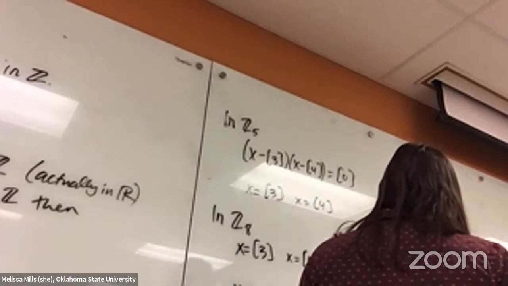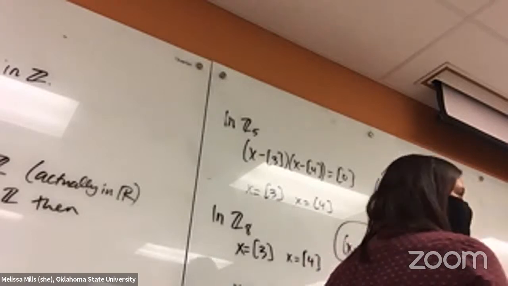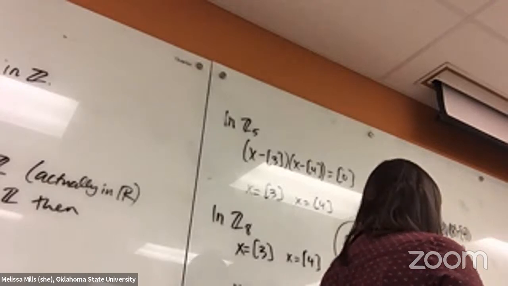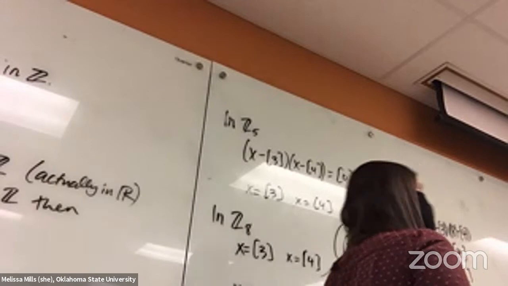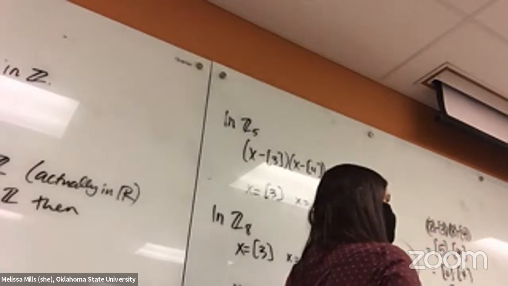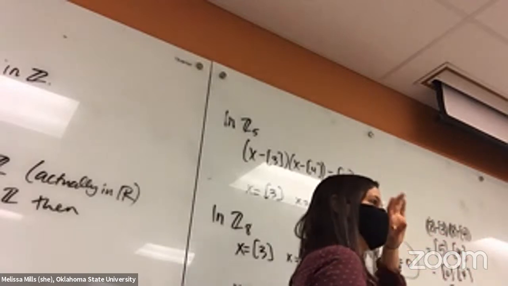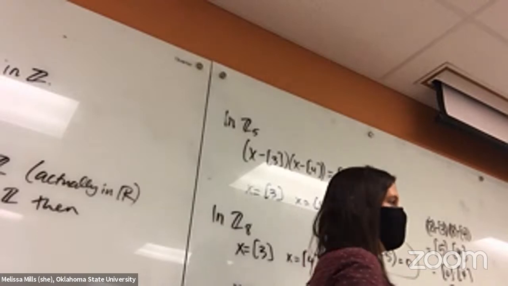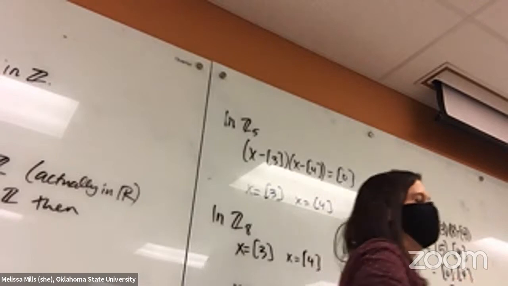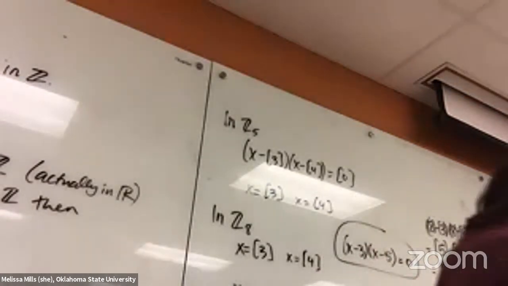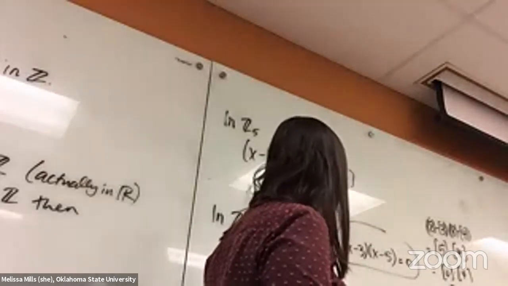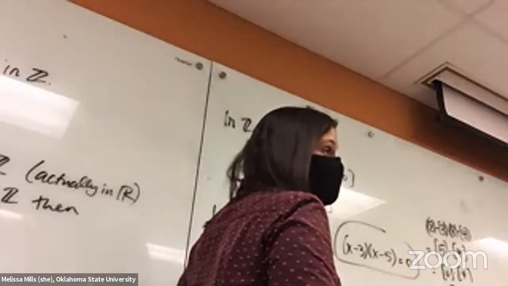So in other words, because Z mod 8 has 0 divisors, it's possible to construct a polynomial that has more solutions than we expect, right? That was my whole point. The 0 product property does not hold in Z mod 8.